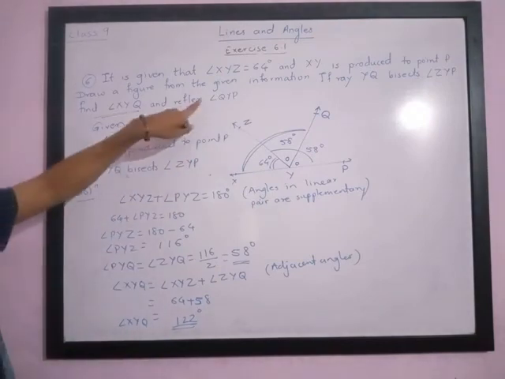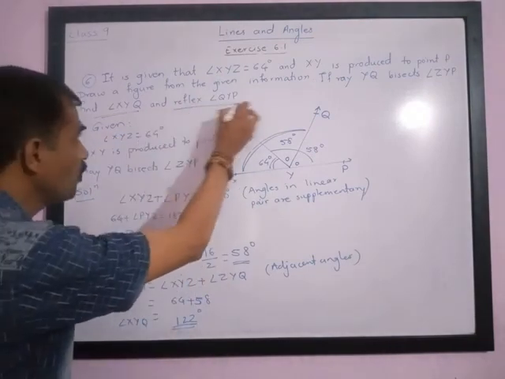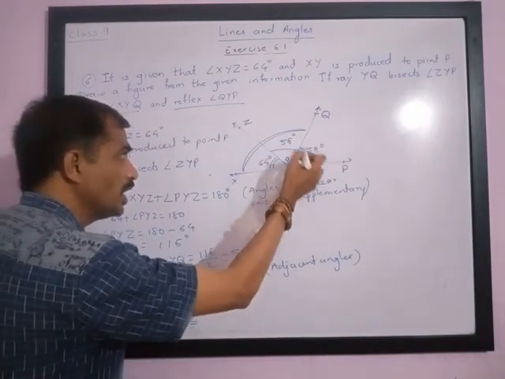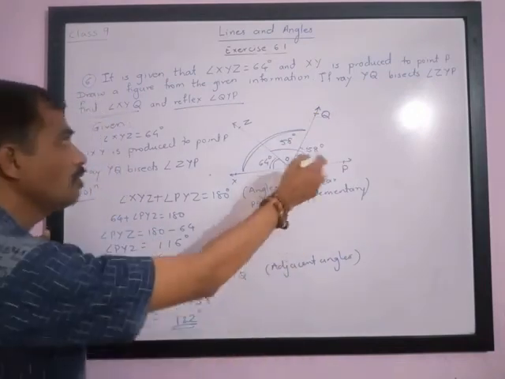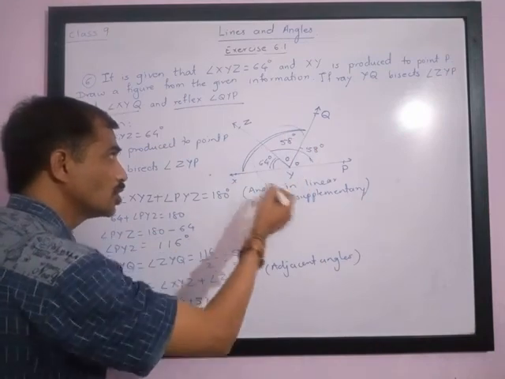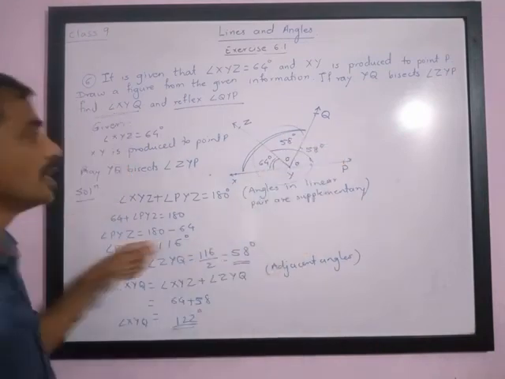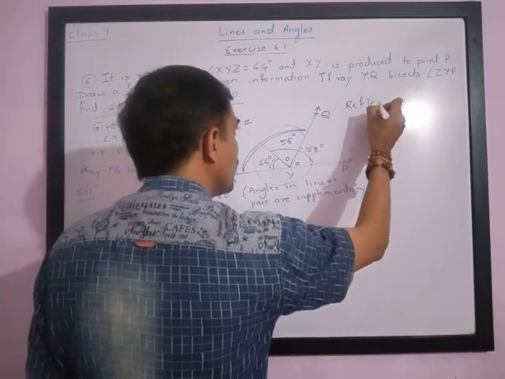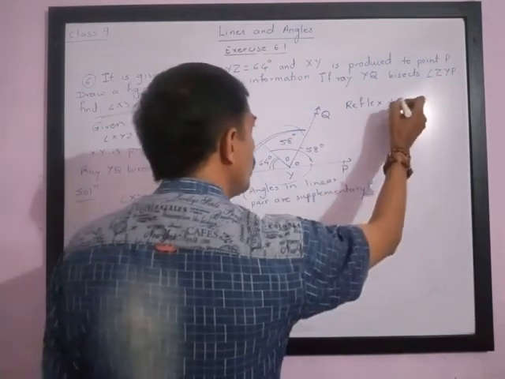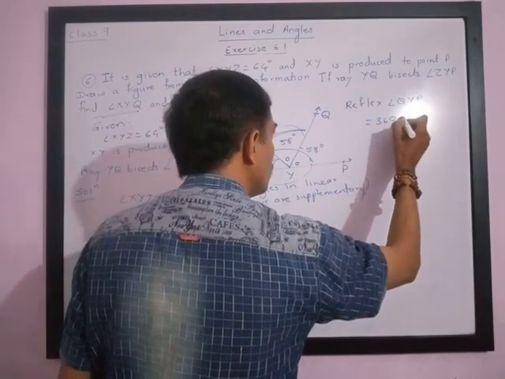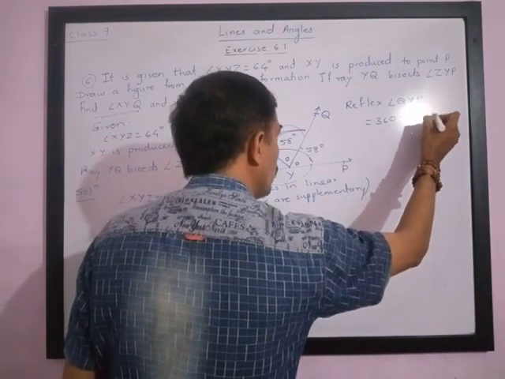Now we are asked to find the reflex angle QYP. This is QYP and it is 58 degrees. We have written PYQ is equal to 58 degrees. Now we are asked the reflex angle, which means this total angle, only excluding this. So reflex angle QYP is equal to 360 minus angle QYP.